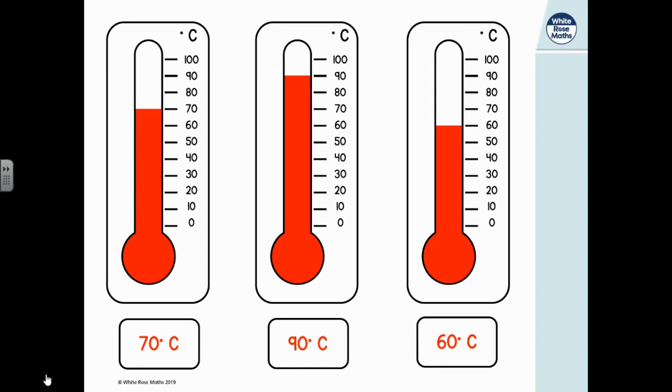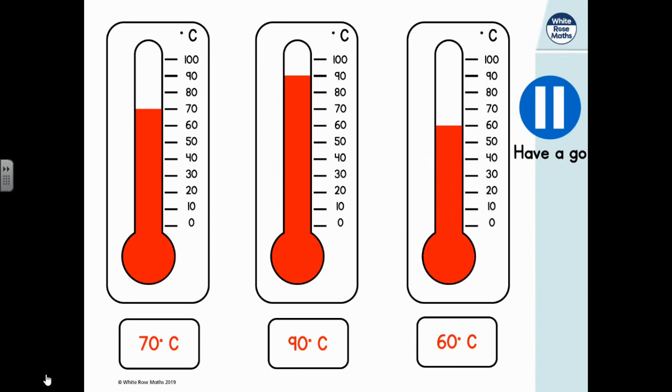These 3 readings were taken from a cup of tea. The person who was drinking the tea was waiting for the tea to go cool. Which order do you think these readings were taken in? Do you think the 70 degrees C was first and then 90 and then 60? Or do you think a different order?